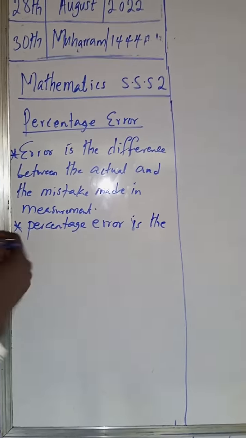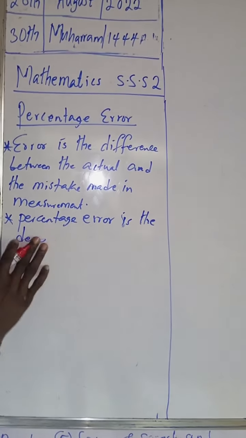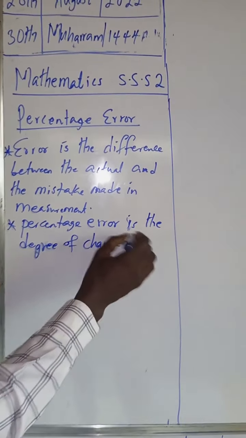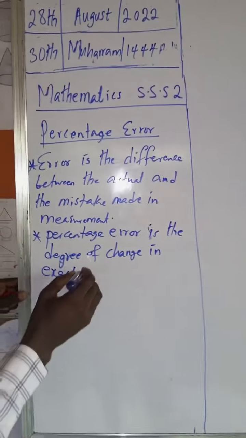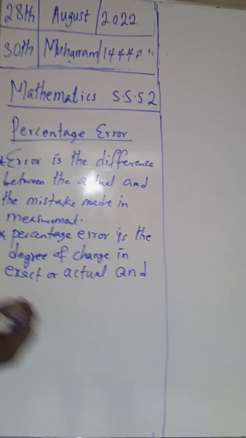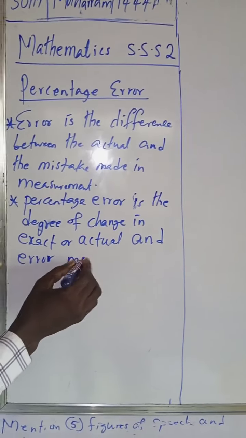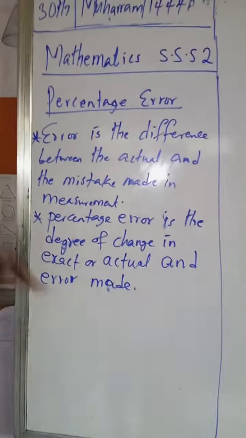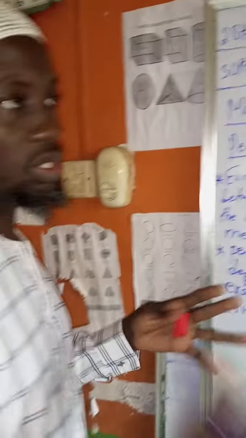I call it the degree of change in the exact or actual, call it any of the two, and the error made. So you can say the degree of the change in them.